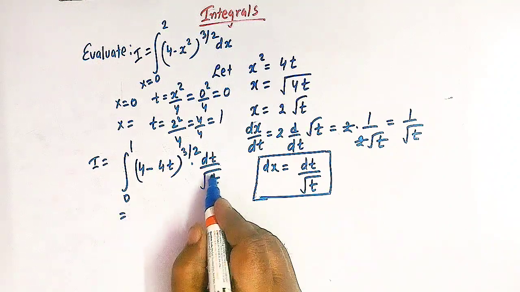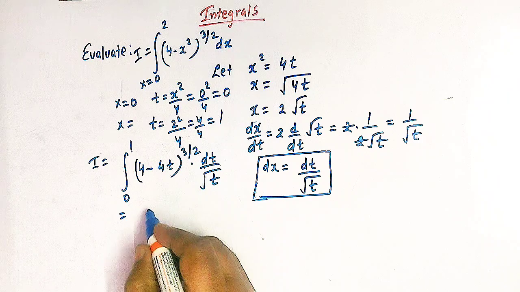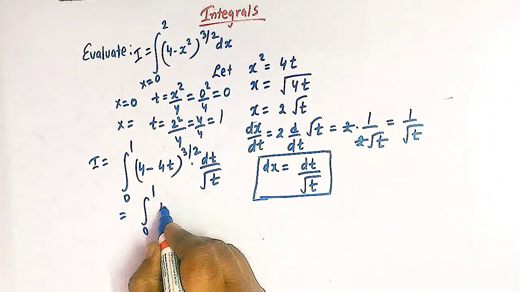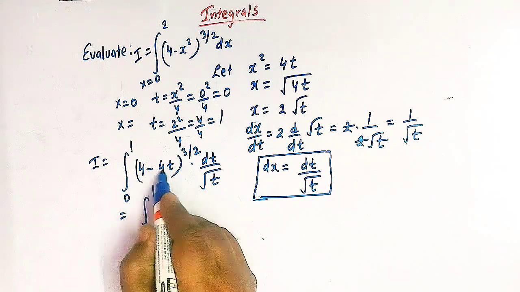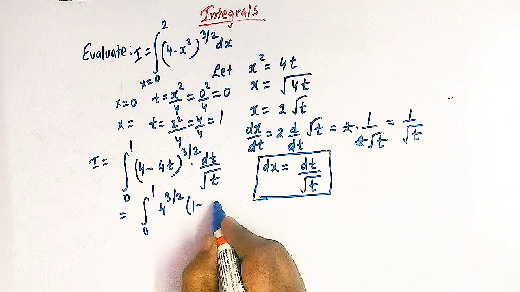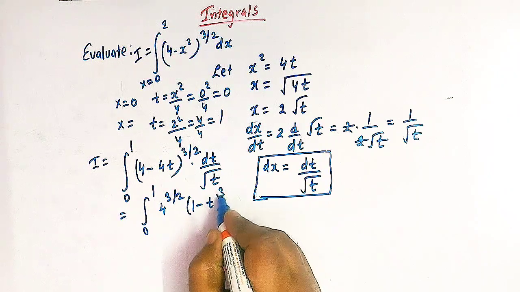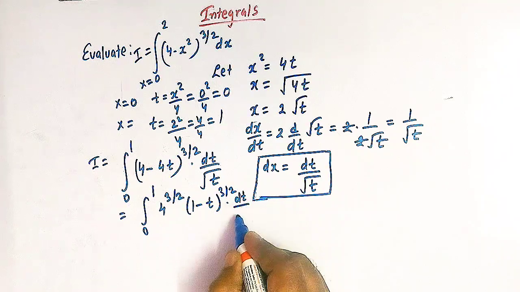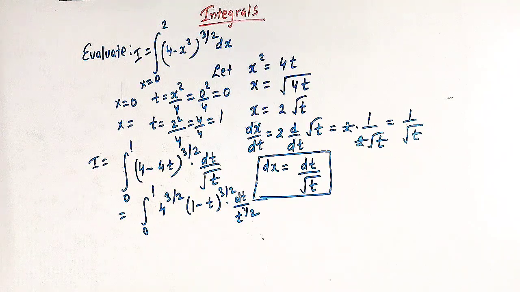Now let us simplify this integrand. We can take 4 common from these two terms. So we have 4 raised to 3 by 2, (1 minus t) raised to 3 by 2, and dt over t raised to half.